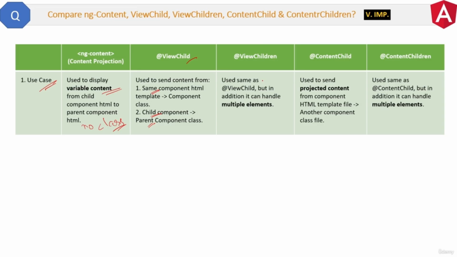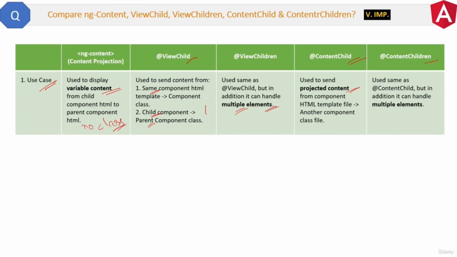Then the ViewChildren decorator is used the same as ViewChild, but in addition it can handle multiple elements. ViewChild can only handle a single element, but ViewChildren can handle multiple elements. Then we have the ContentChild decorator, which is used to send projected content from a component HTML template file to another component class file. So this is the use case of ContentChild.